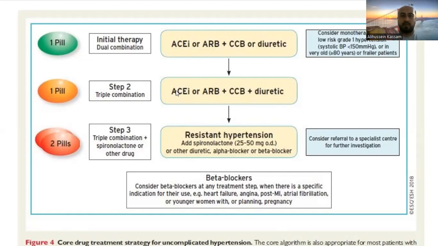Also remember, at this point, when you're entering a diagnosis of resistant hypertension, it's better to consider referral to a specialist care facility. This is because there might be other causes, maybe a secondary cause of hypertension, that can be screened for and better found by a team of specialists.